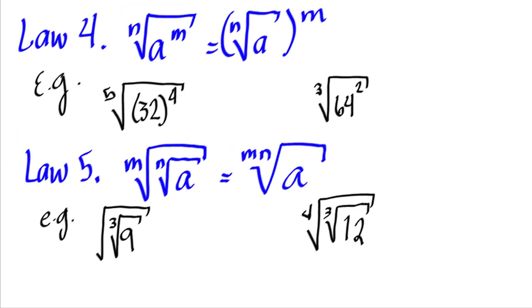Okay, so law number 4 is just stating that if we have the nth root of a raised to m, we can just put the m outside. I somehow introduced this in law number 1, but why not? So if we're going to do this in law number 4, using the root first and then the exponentiation, you may think which one is better.